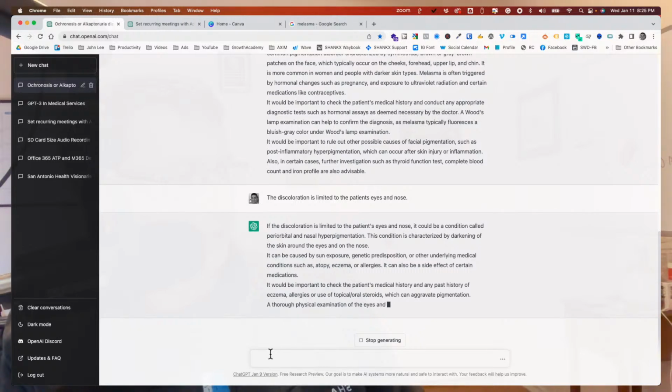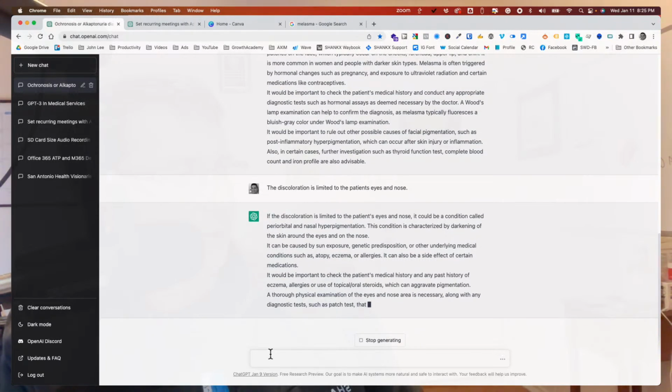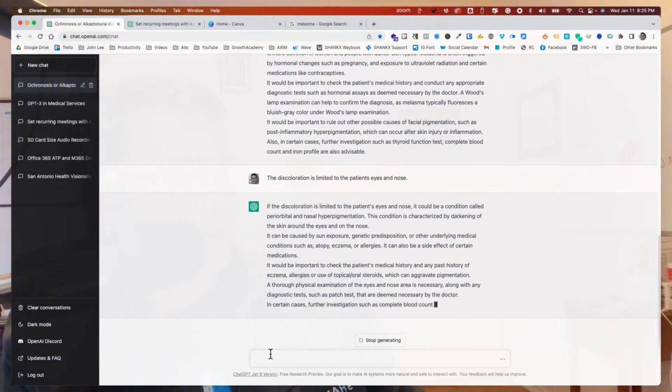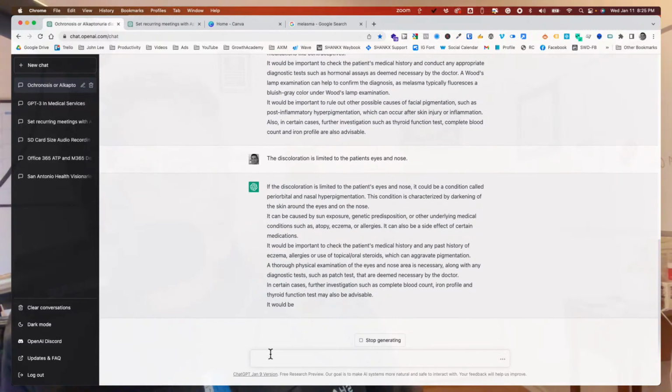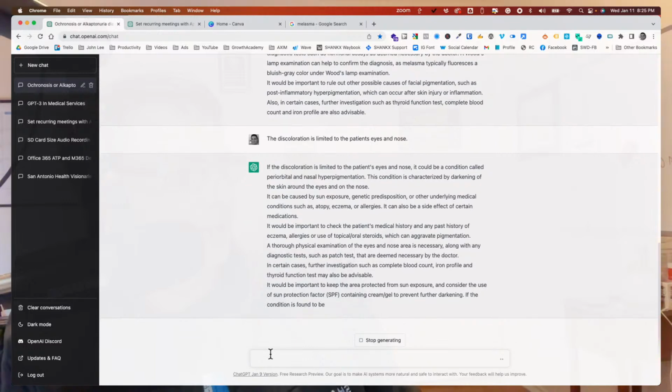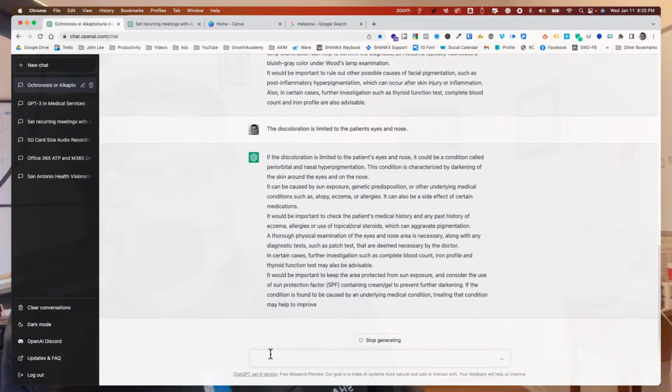This condition is characterized by darkening of the skin around the eyes and on the nose. It can be caused by sun exposure, genetic predisposition, or other underlying medical conditions. It would be important to check the patient's medical history and past history of eczema, allergies, or use of topical or oral steroids.